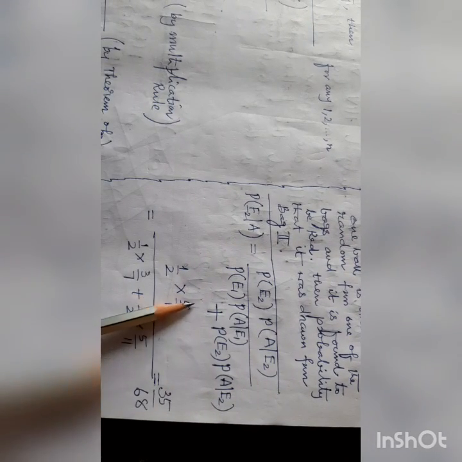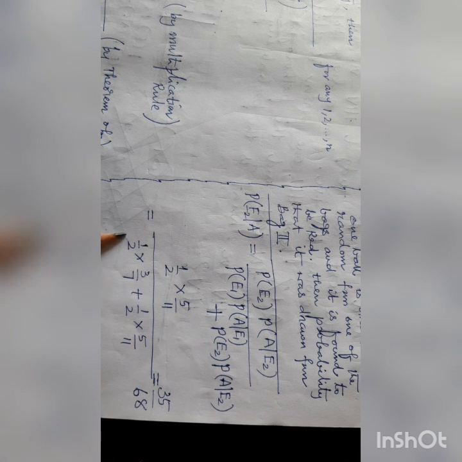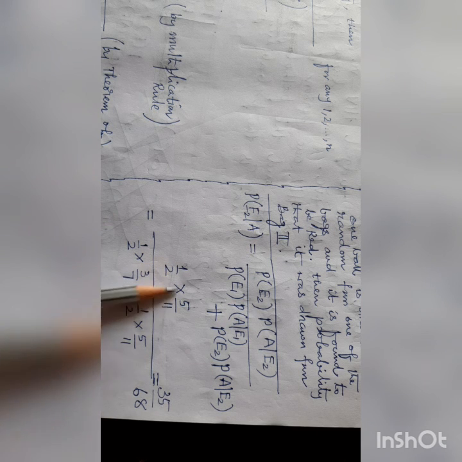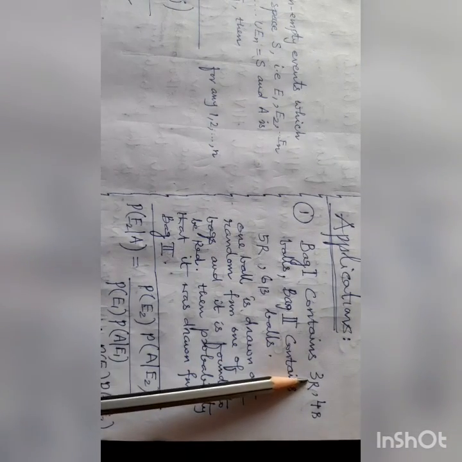So 1 by 2 into 5 by 11, by the total probability theorem. Another one: first box selection probability 1 by 2, into first box red probability. First box has 3 red, 4 black, so 3 by 7.